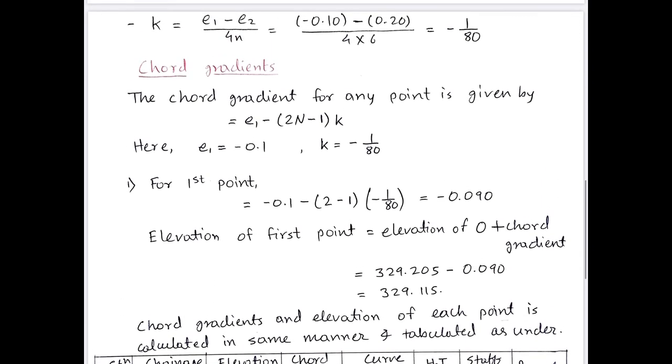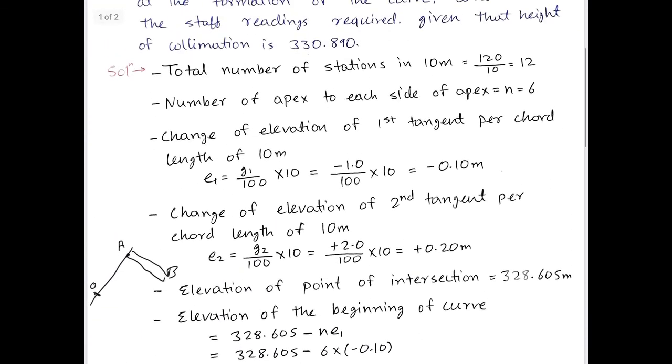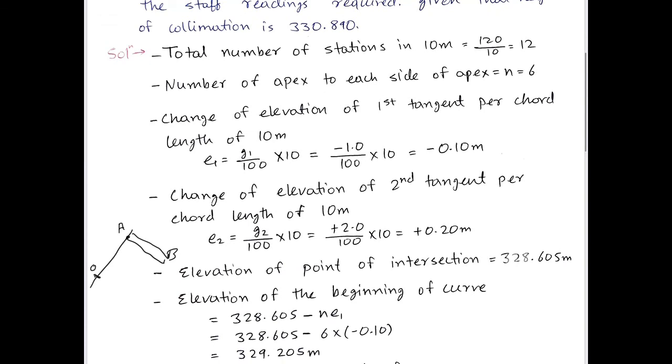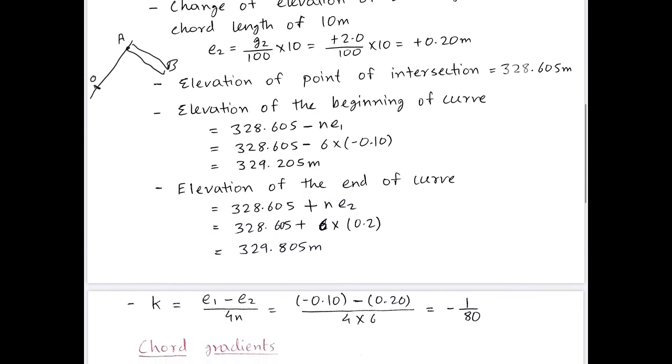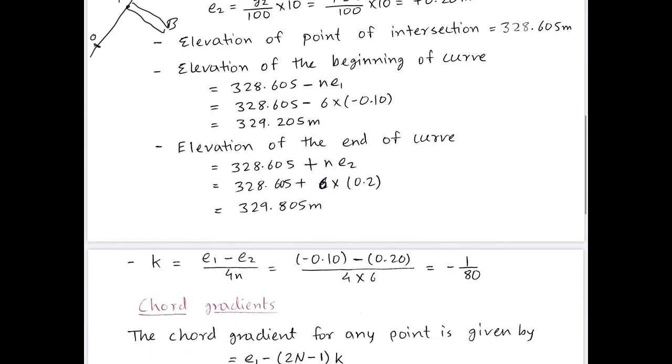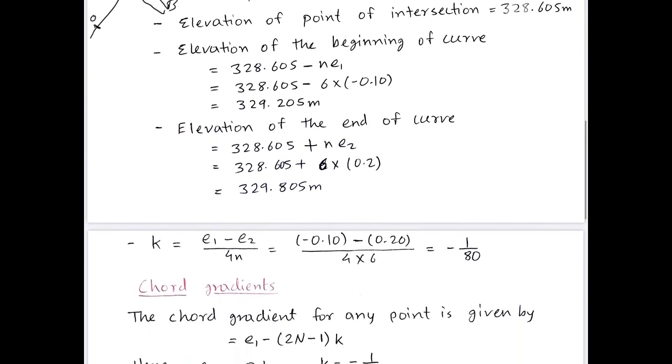So in this video we have discussed the chord gradient method, in which first of all we find out small n, then we find E1, E2. After knowing E1, E2, we can find the elevation of the starting point and the elevation of the end point, which is useful to find curve elevations.